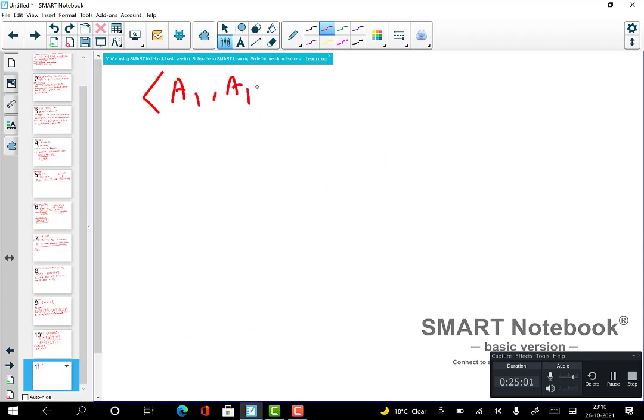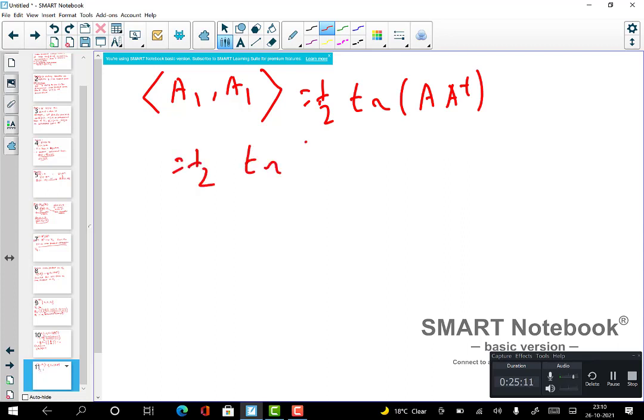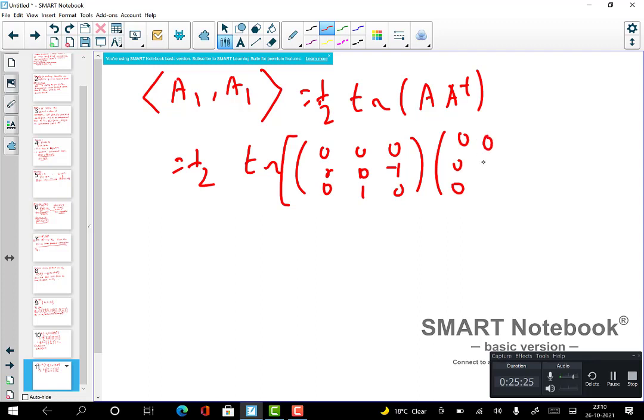So A1 is nothing but half of trace of A transpose, right? Now half of trace of the same matrix with transpose. So you have 0, 0, 0, 0, 1, 0, 0, 1, 0, minus 1, 0, and then transpose will be what? It will be nothing but 0, 0, 0, 0, 0, minus 1, 0, 1, 0, right?